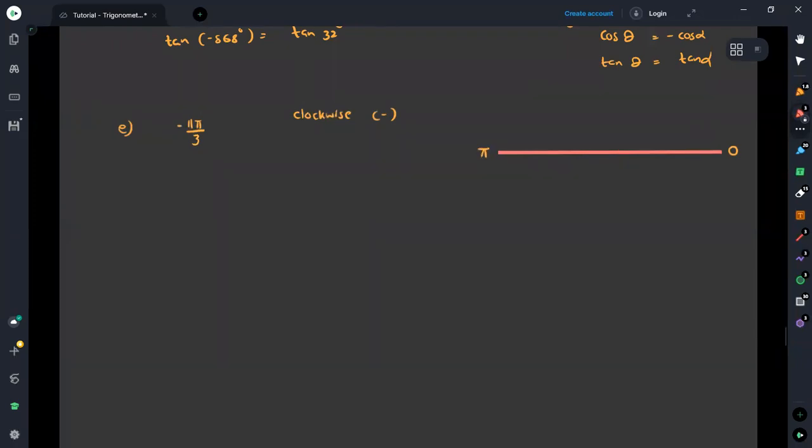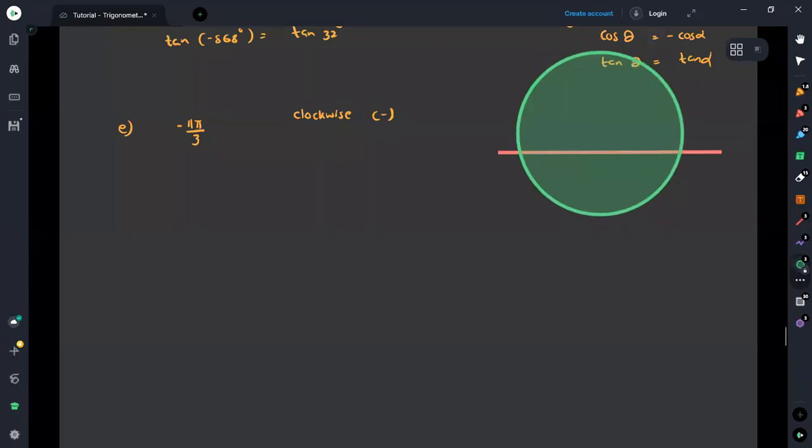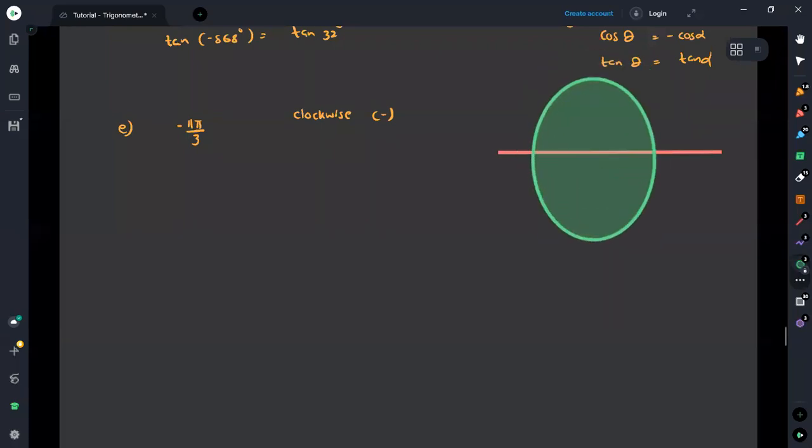Prior to discussing this, we'll have this first. I'll draw the circle and thereafter I will consider this. Okay, this is what we are getting.